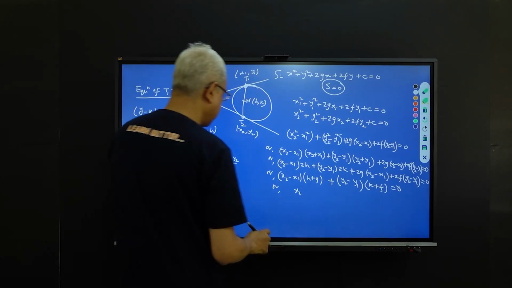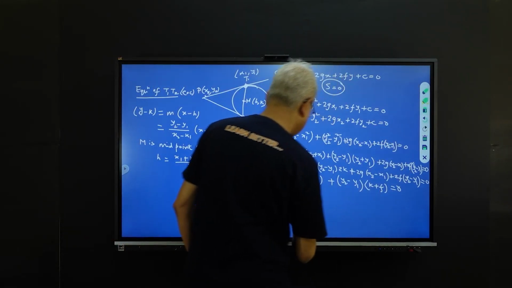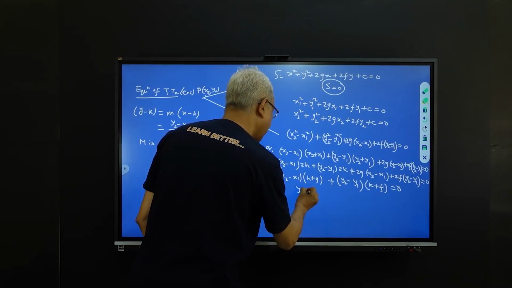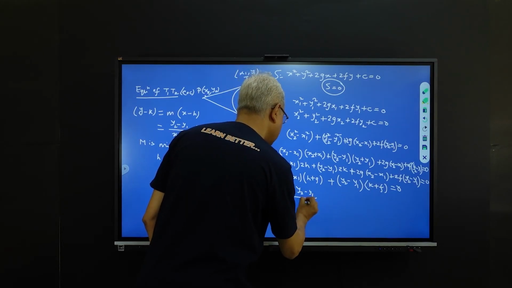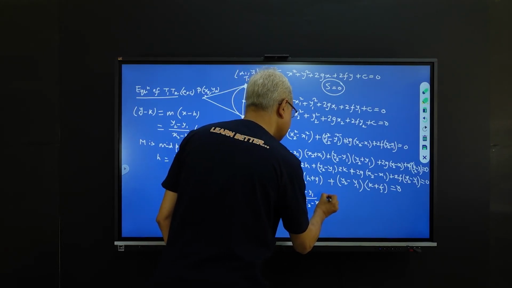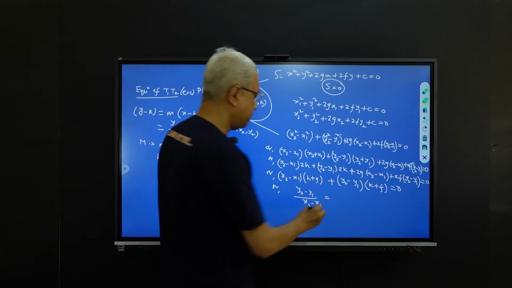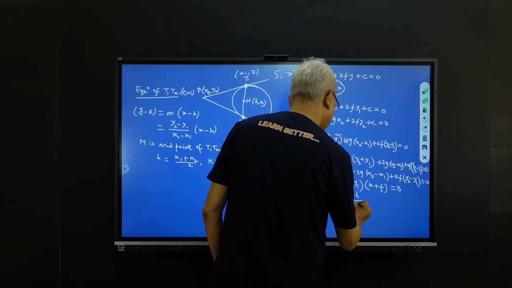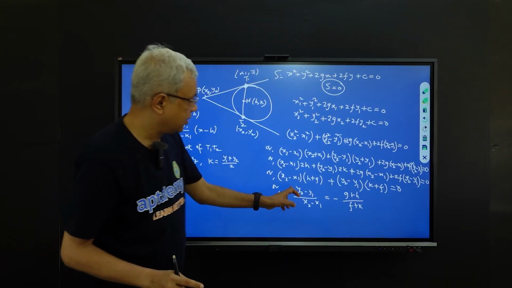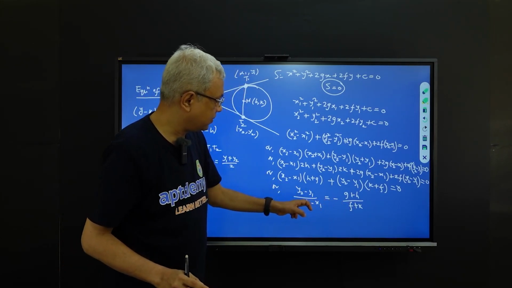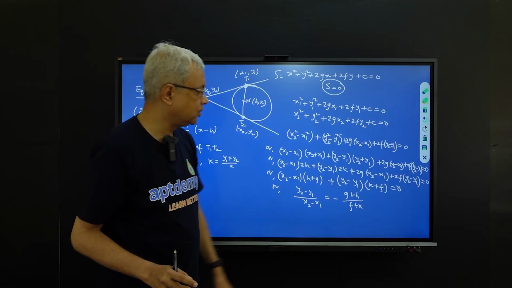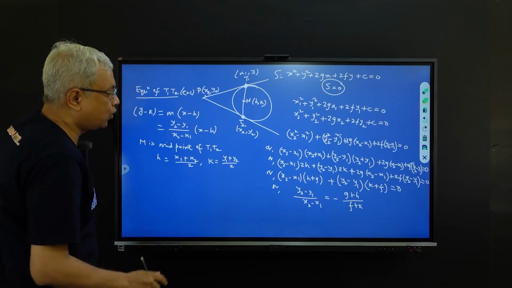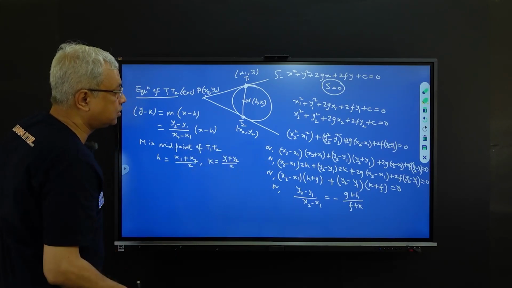Or I can write (y2 minus y1) divided by (x2 minus x1) is equal to minus (g plus h) by (f plus k), because (y2 minus y1)(f plus k) plus (x2 minus x1)(g plus h) is 0. Okay, so what I do, I substitute this value here.